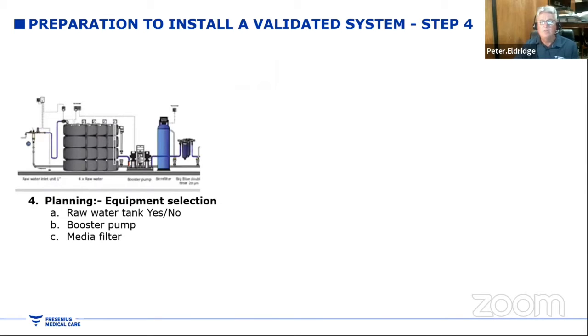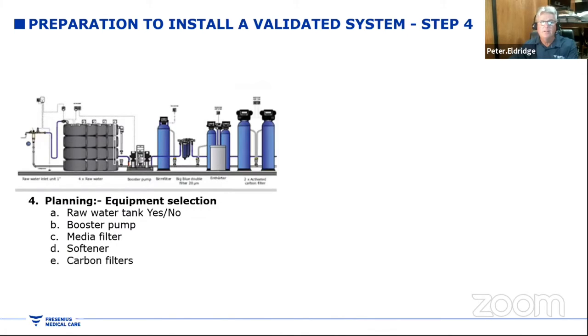We should have some sort of media filter. So it can come in the form of a sand filter or a multimedia. We can have a cartridge filter as well to remove more of the suspended solids. Water softener. So in this case, we selected a dual water softener. So we have continuous supply of soft water.